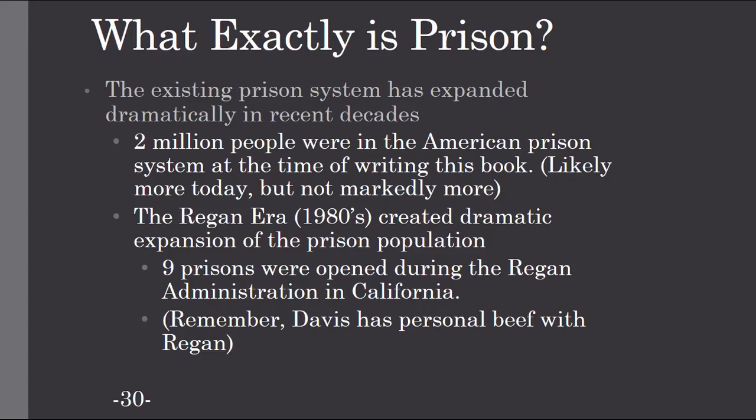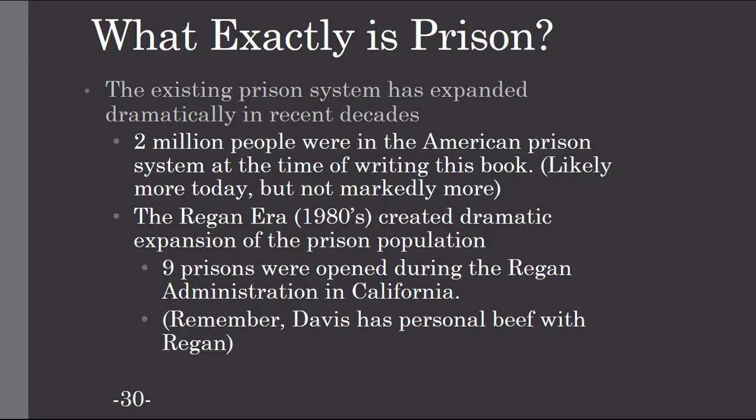Davis points out, and remember, Davis does kind of have a personal beef against Ronald Reagan. But this is true. During the Reagan era, in the 1980s, when Reagan was president, there was a dramatic expansion in the prison population. This has to do with the war on drugs and certain, admittedly racist portions of that.